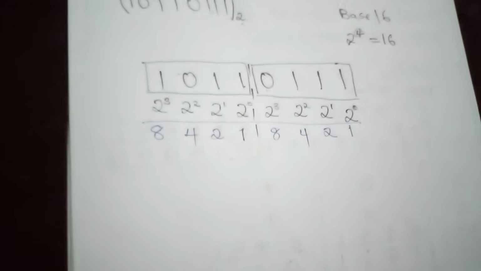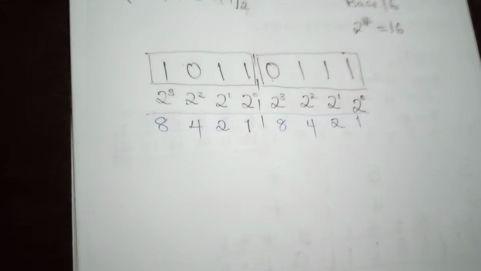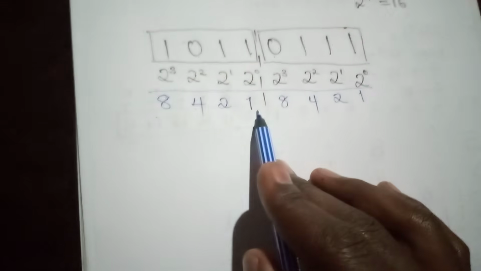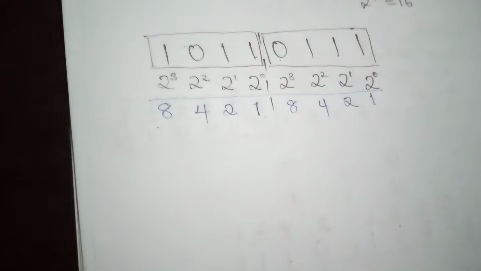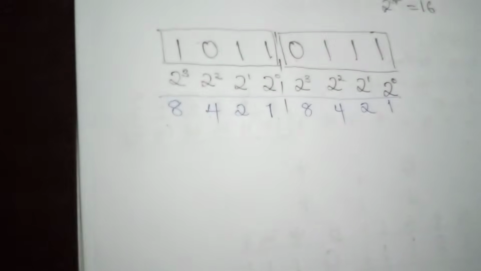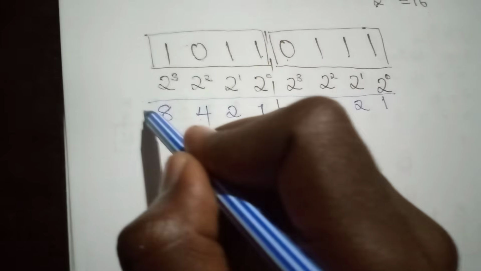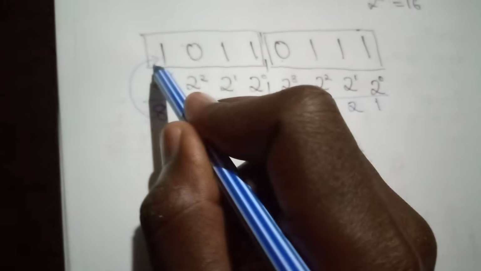Now, if you observe very carefully, the time I was converting hexadecimal to binary numbers, I was using 8421. So that is where those numbers come from. Now from there, you are going to start multiplying this number with the corresponding figure.